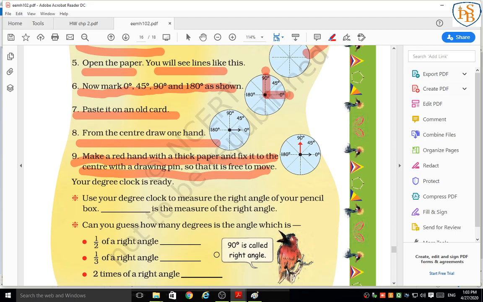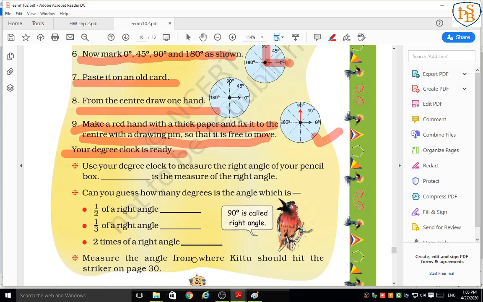Correct? If we make it like this, then it will look like this. Now your degree clock is ready to use. Okay students, now we have so much time at home, so you can utilize your time by doing such kinds of activities at home. So definitely you will do it, I know, students.